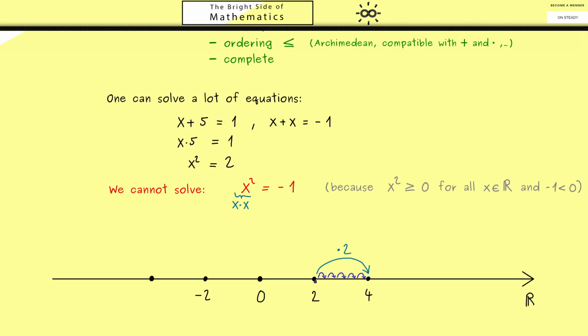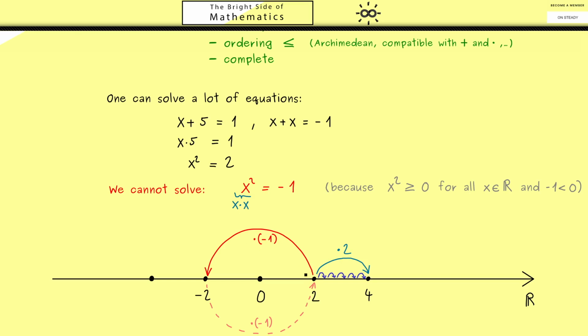Okay, the splitting up does not work when we want to jump to minus 2. For this big jump, we have to multiply by minus 1. Also interesting here, if we multiply again by minus 1, we get back to 2. So here you see, multiplying with a negative number is different than multiplying with a positive number.